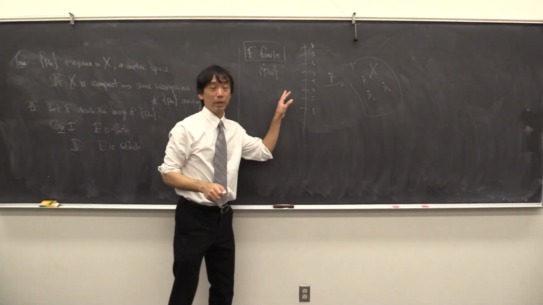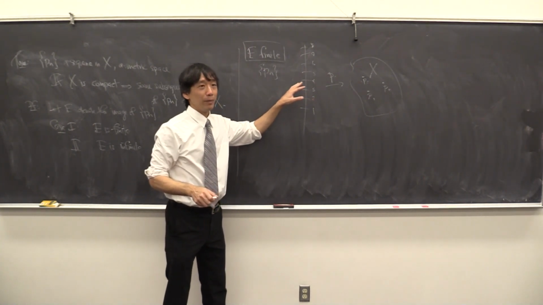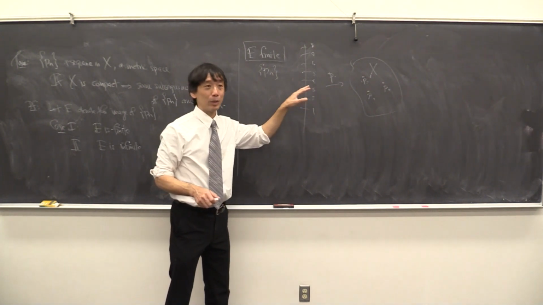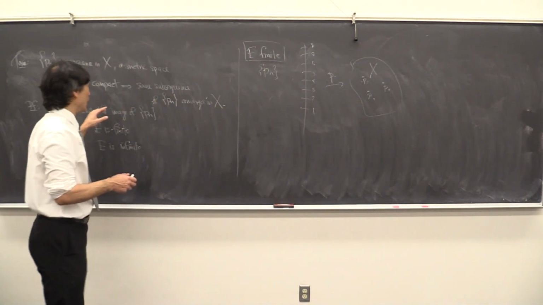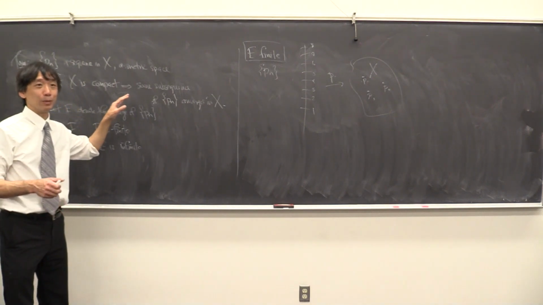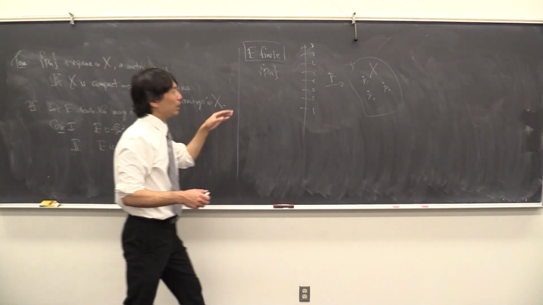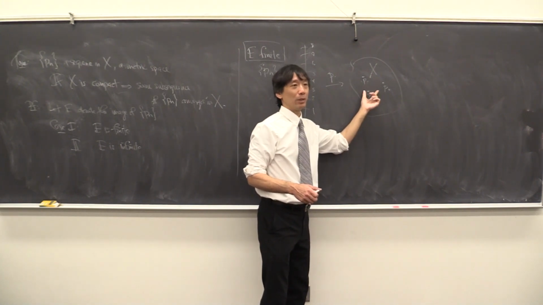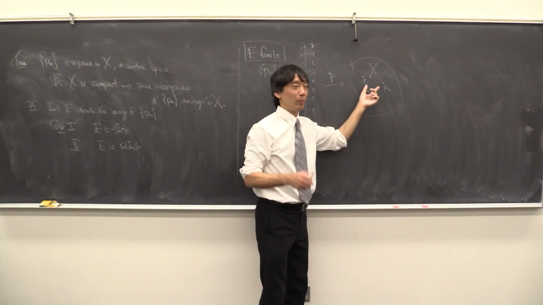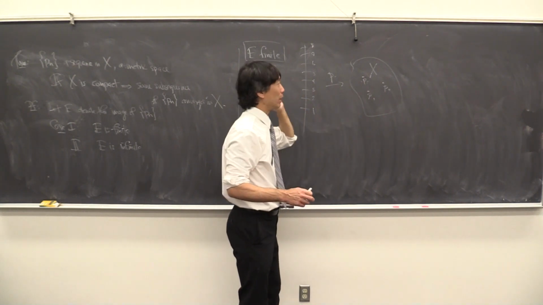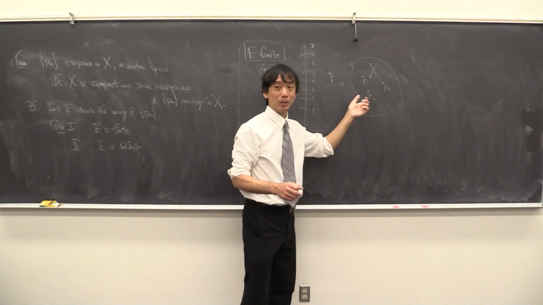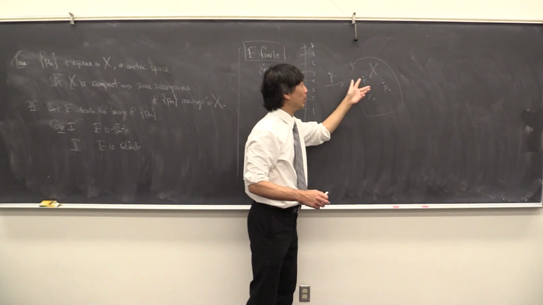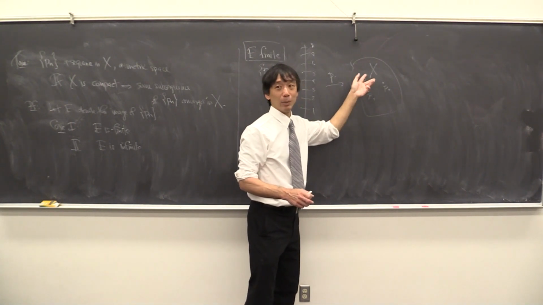Let me get this one out of the way first. If E is finite, then you're guaranteed a convergent sequence, because one of the points gets hit infinitely many times, by the pigeonhole principle. If you've got infinitely many pigeons and finitely many holes, one of the holes must have infinitely many pigeons in it.